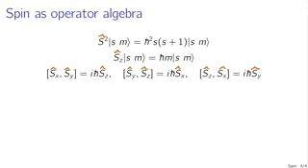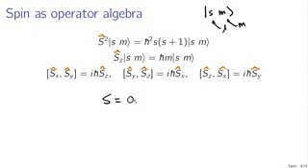And I'm writing them as kets now, s and m. s takes the place of the total angular momentum quantum number l, and m here, which is often written as m sub s, but I'm just going to write it m in keeping with the notation in the textbook, refers to the m counterpart in the spin operator algebra of the m quantum number in the angular momentum operator algebra. So these are the operator algebras we get, and the s and m quantum numbers have the same sort of structure.